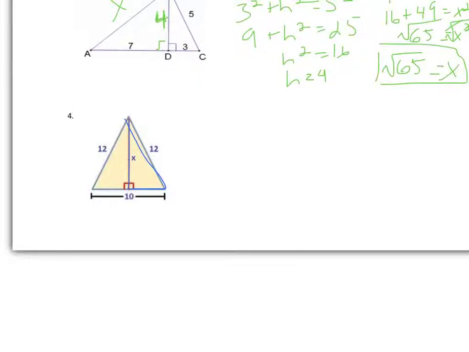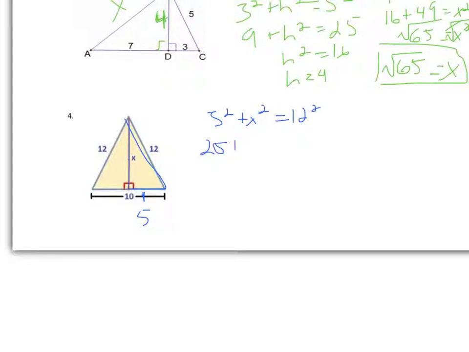So in order to solve this problem for x, we have to know what this bottom is here, okay? And it's half of the whole 10, right? If the whole thing is 10, half of it, right, we're cutting it in half there, so it's going to be 5. So because of that, we can create our equation, 5 squared plus x squared equals 12 squared.